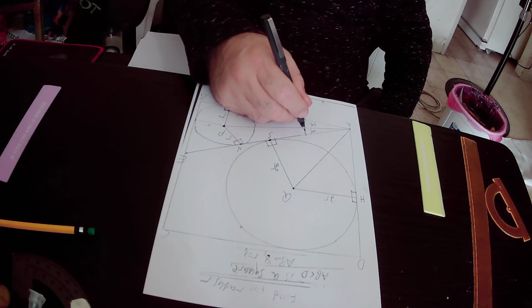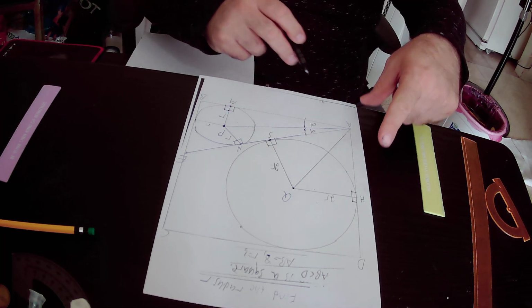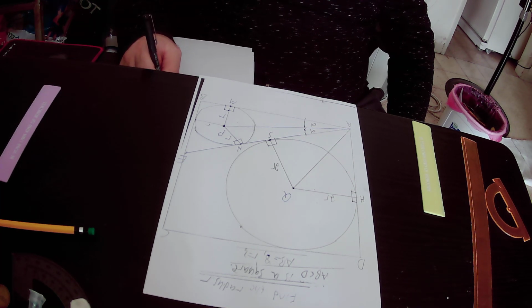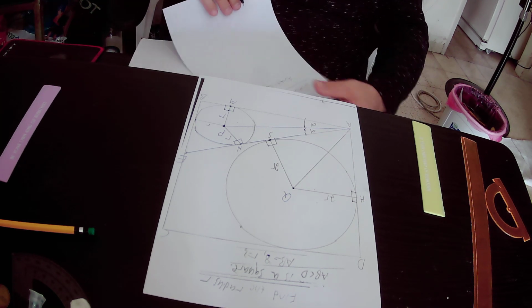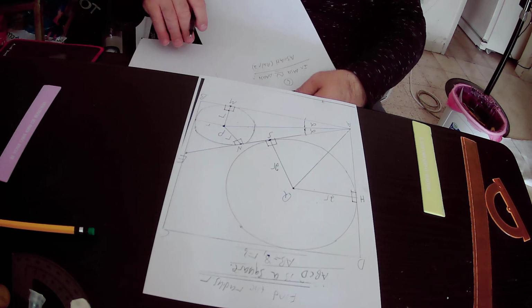First of all, we know that AS equals AH according to rule number 2.